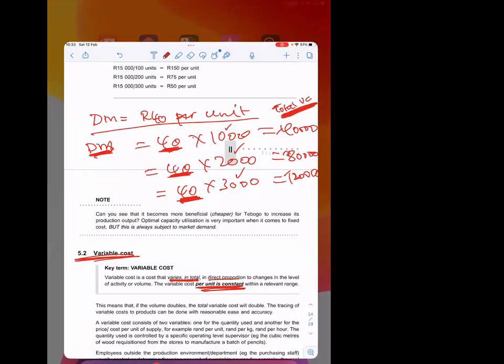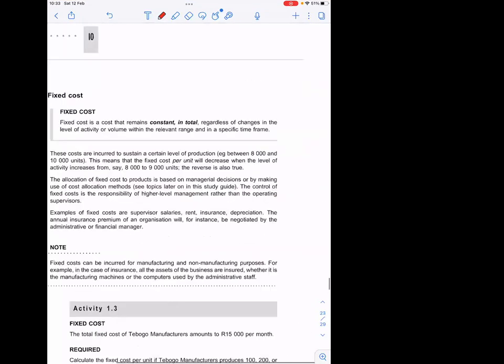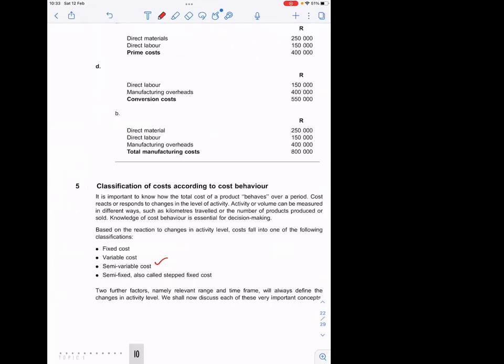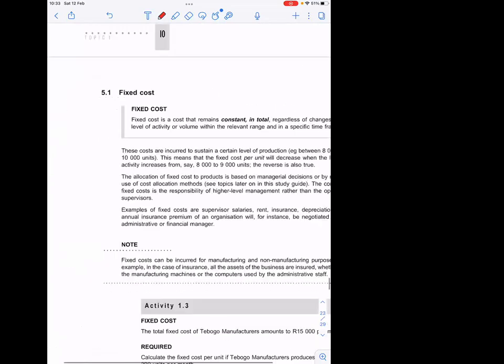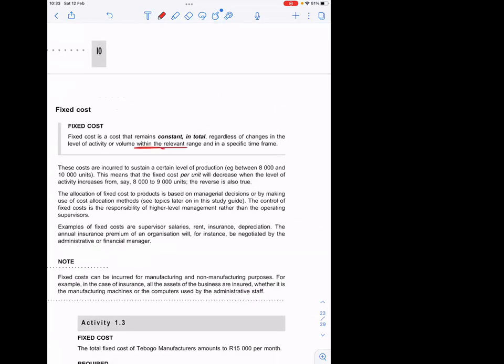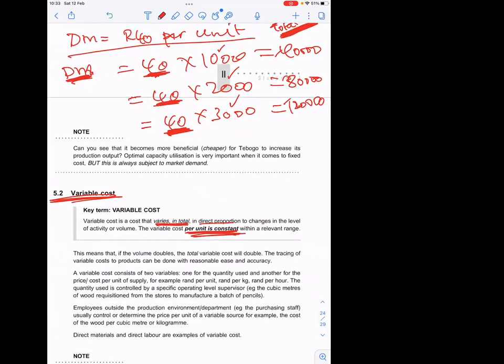Right, now let's go to the other secondary behavior classification, like the issue of semi. This semi-variable cost and semi-fixed cost. Now I want you to take note that when they defined the fixed cost, there was a mention of within the relevant range. When they defined the variable cost again, there was a mention of within the relevant range. If you are operating within a set range that you normally operate in, this cost will behave in that manner.